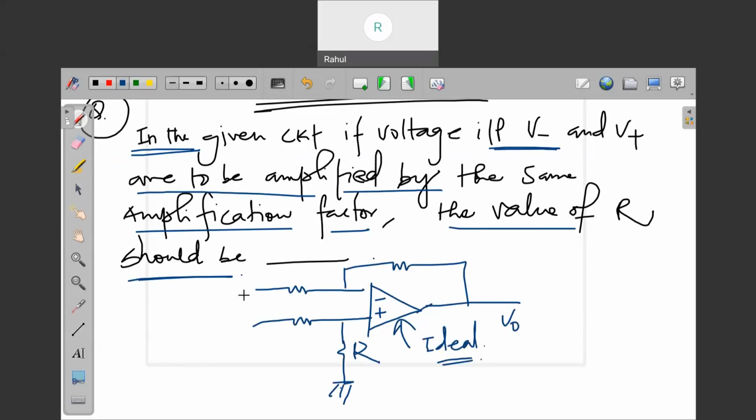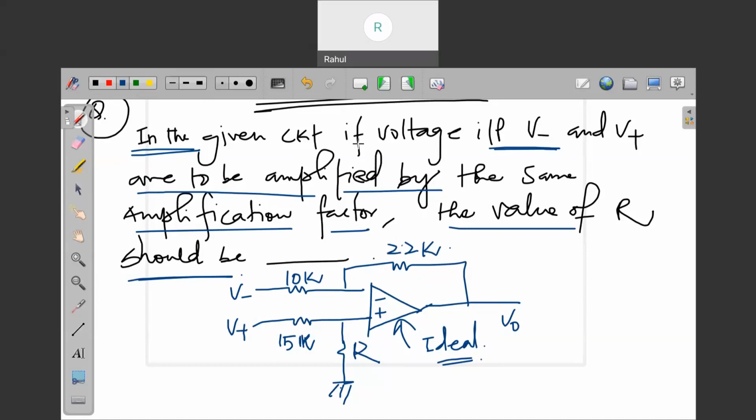This is V minus, this is V plus, and the resistances are 10K, 15K, and 22K. So this is the circuit. We have to find the value of R, that's it.